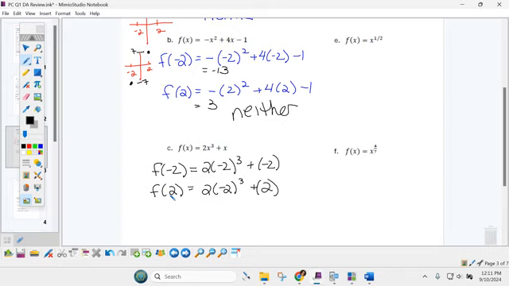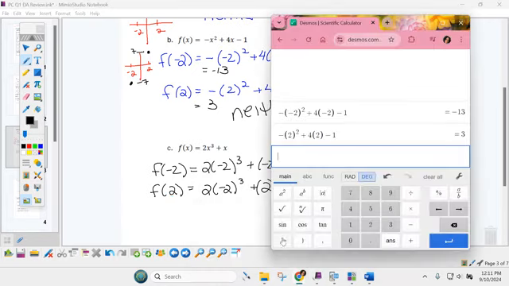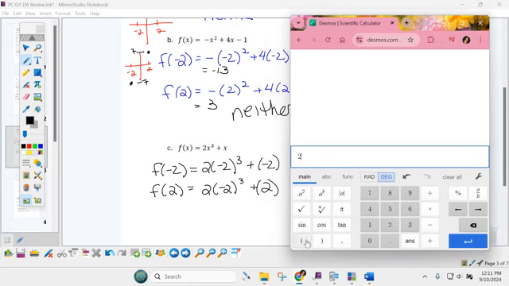You could pick 3, you could pick 4, whatever you want to input to show your symmetry. So now let's go back to the calculator. For cubed, I'm going to use this a to the b button, and it moves that cursor up. Then use the arrow to get out of the exponent.